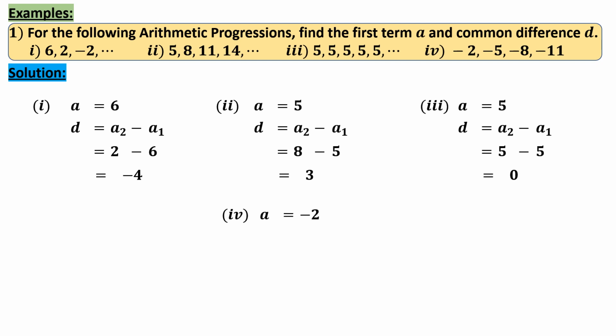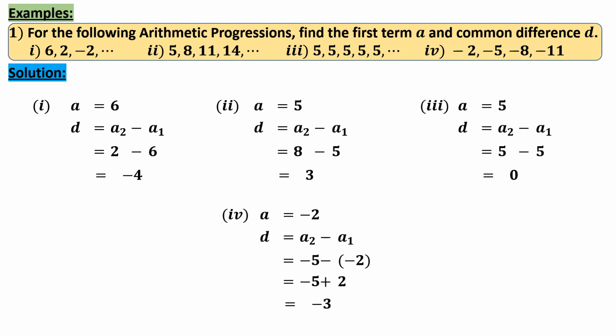Fourth one, a is minus 2, then d is a2 minus a1, minus 5 minus of minus 2 equals minus 5, minus into minus is plus 2, which is equal to minus 3.